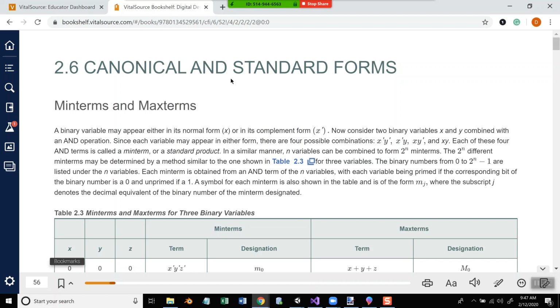Each minterm is obtained from an AND term of the n variables, with each variable being primed if the corresponding bit of the binary number is 0 and unprimed if 1. The symbol for each minterm is also shown in the table and is of the form m sub j, where the j subscript denotes the decimal equivalent of the binary number of the minterm designated.